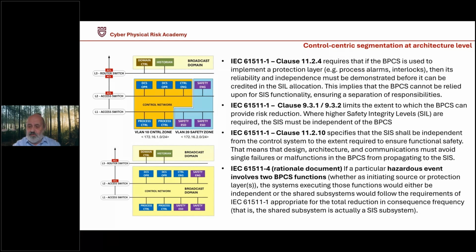You have your own specific standard. This one is very specifically for the process industry, and that also addresses security. I have taken out the 4 clauses that are most important, most directly addressing security, and we're going to discuss a few of those.